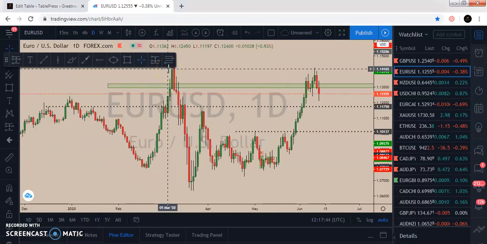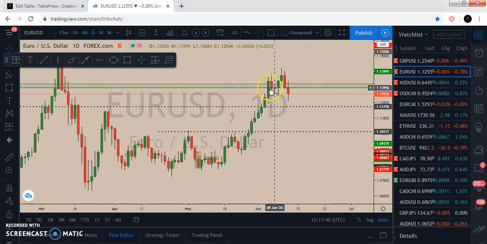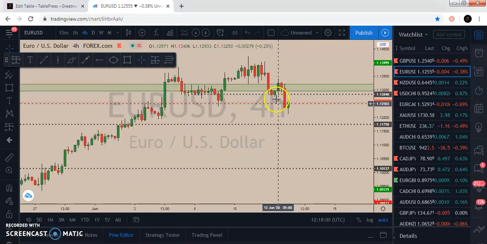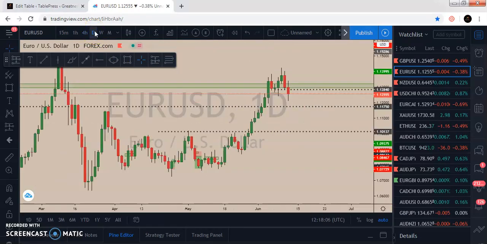From the daily perspective, you can see the rejection from the double top. As you can see, here's another structure level. The market broke this structure level, which is this area, and at the retest of this structure level, which will be more obvious on the 4-hour time frame, the market is about to retest it, so very obvious from the 4-hour time frame.